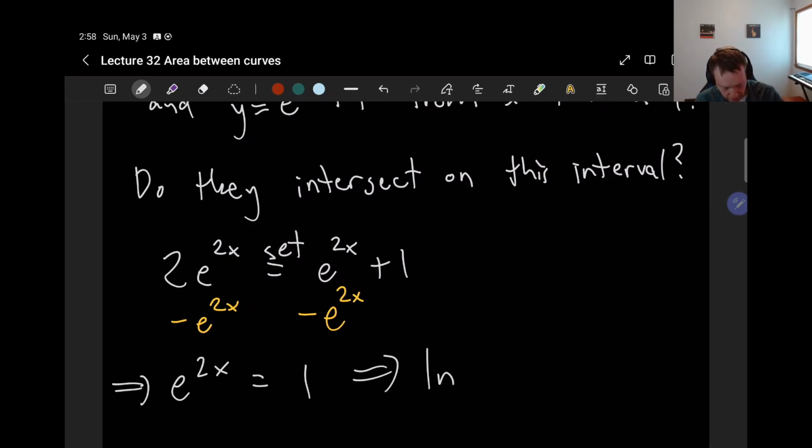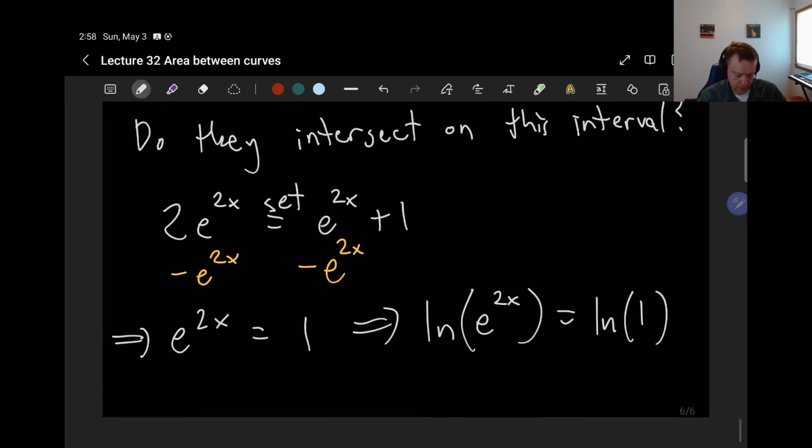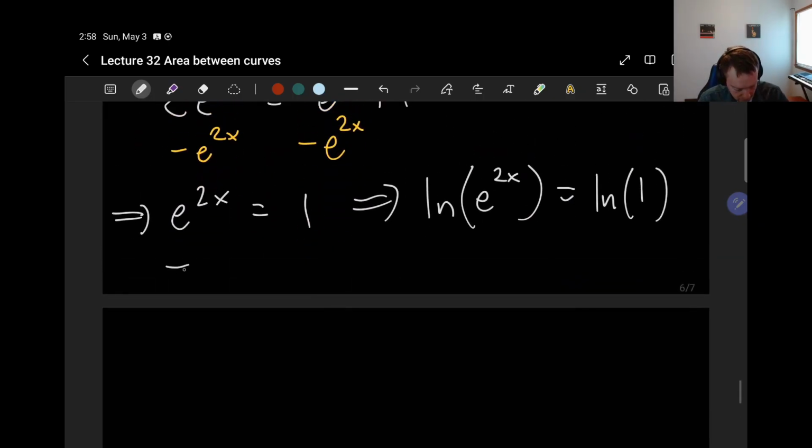And we can take ln of both sides to get that exponent down. So this becomes 2x because ln has base e. So the ln and e part cancel each other.